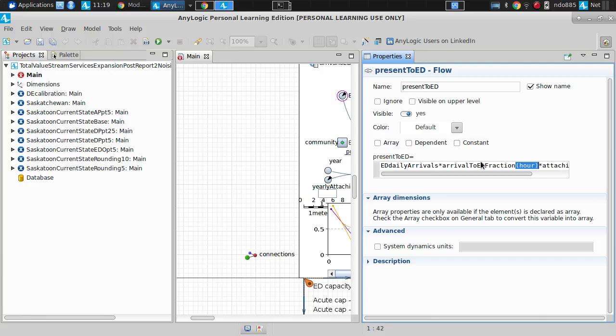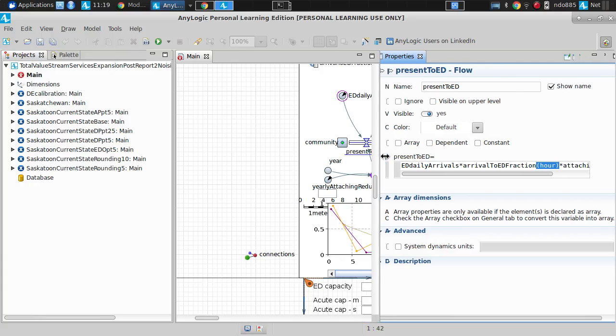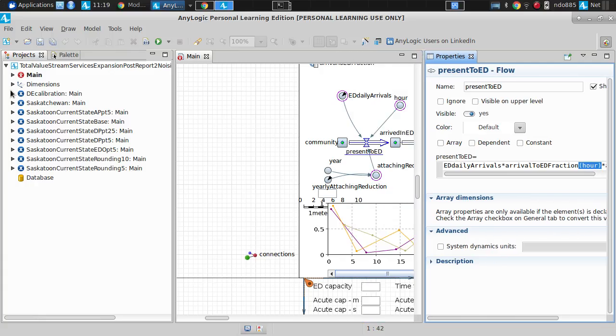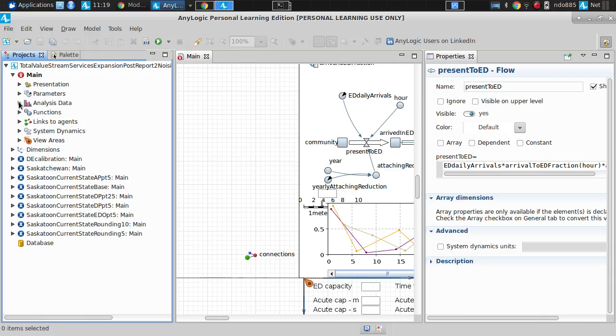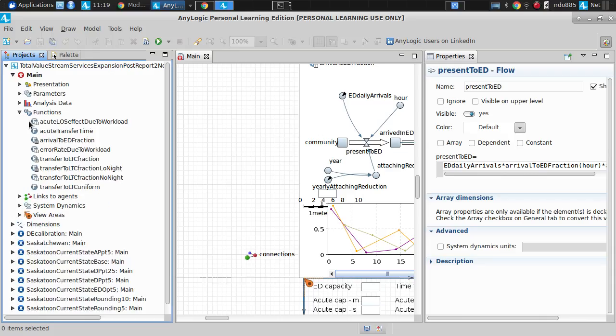And this hourly arrival coefficient is defined as arrival to ED fraction, defined over here in the functions area.